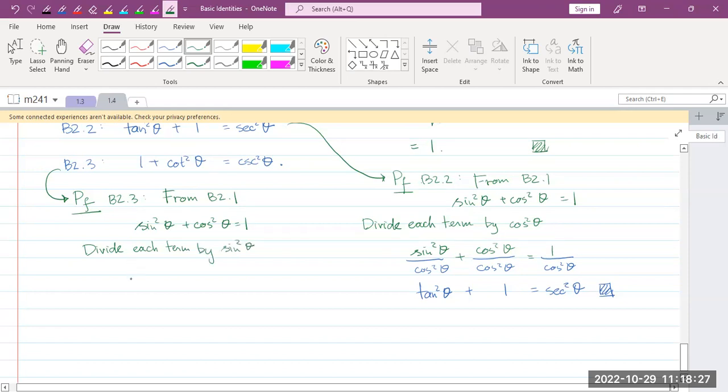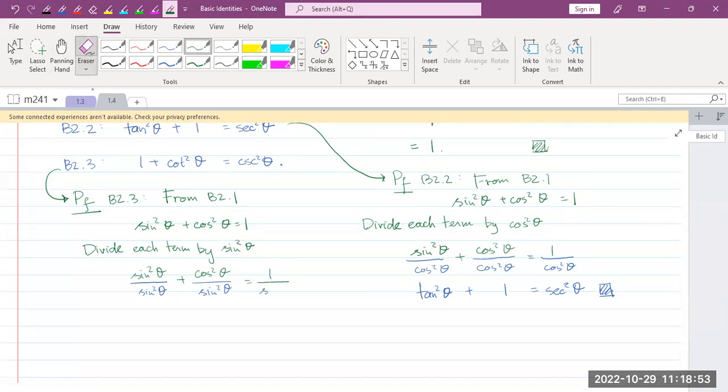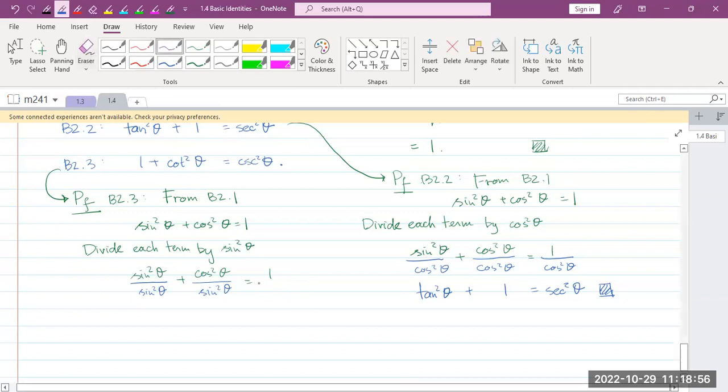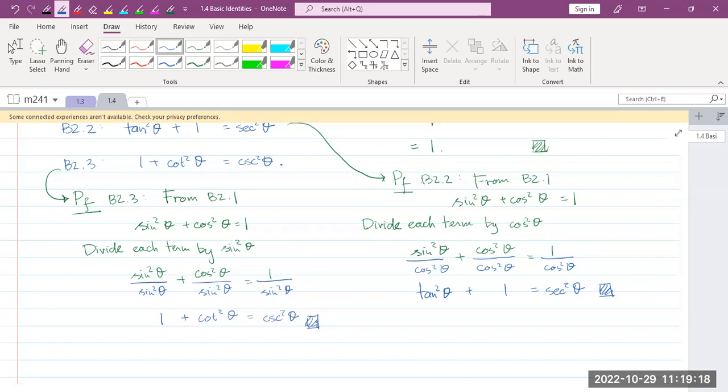So we get sine squared theta divided by sine squared theta, which becomes 1, plus cosine squared theta divided by sine squared theta equals 1 divided by sine squared theta. So notice that the first term becomes 1, the second term becomes cotangent squared theta, equals cosecant squared theta. Okay, now this is the second group that you need to memorize.